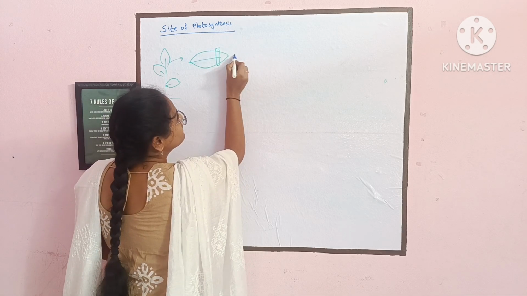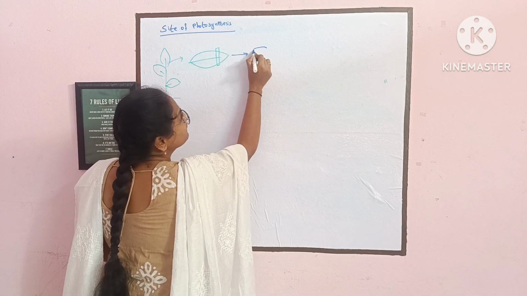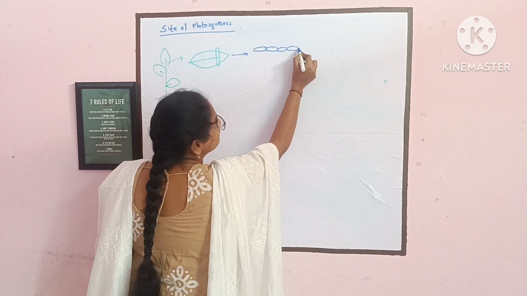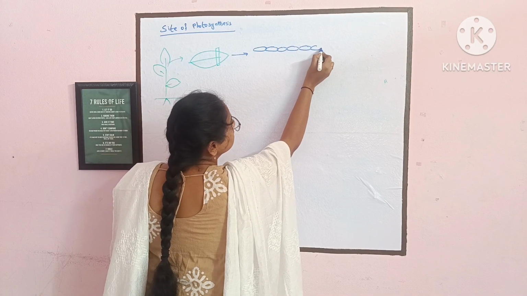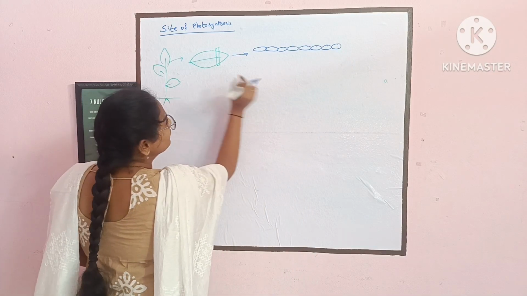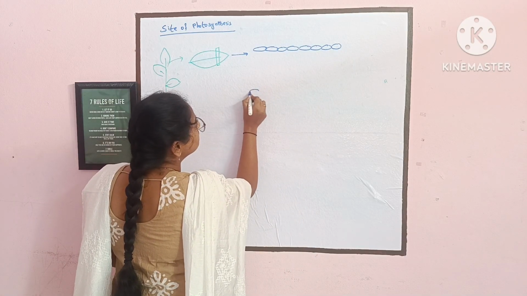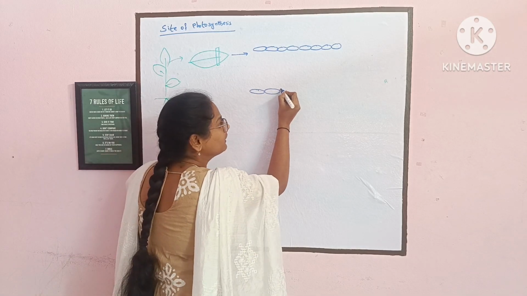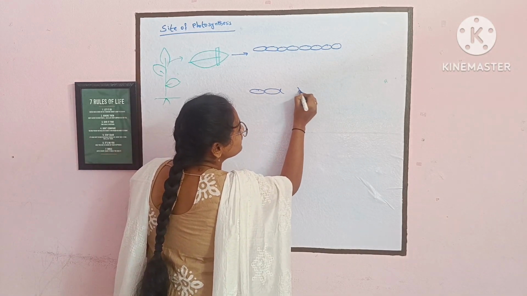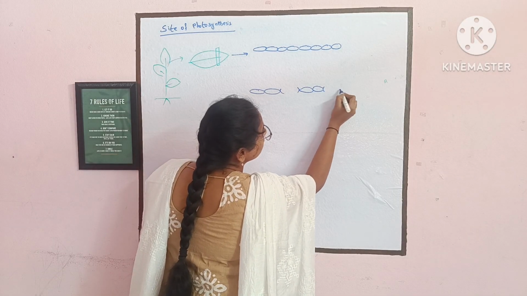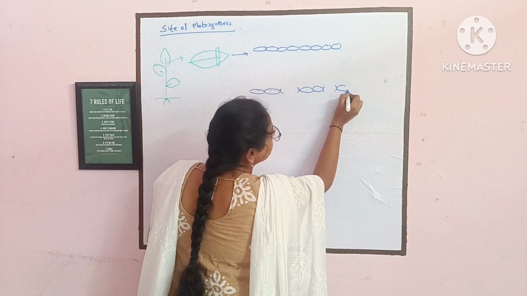It consists of the upper epidermis and also the lower epidermis. In the lower epidermis, stomatal pores are present to perform the process known as transpiration.